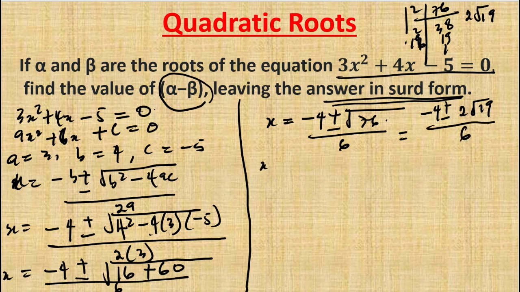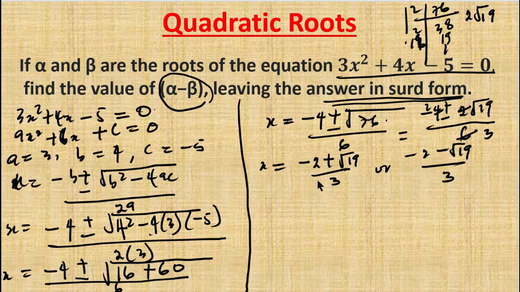Finally, they are both factors of 2, so 2 in 4 will be 2, 2 in 2 is 1, 2 in 6 will be 3. So I can rewrite x conveniently as minus 2 plus root 19 over 3, or minus 2 minus root 19 over 3. Now if these are the values of x, one of these obviously will be my alpha, while the other will be my beta.